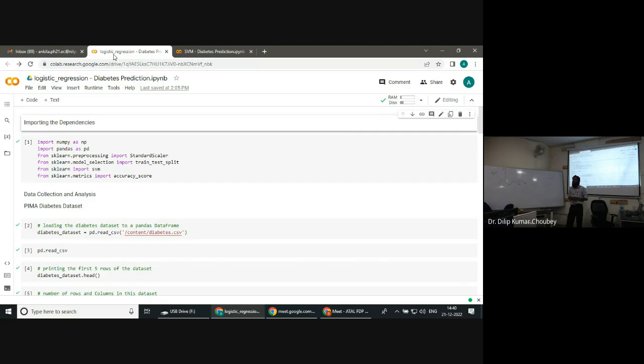And in logistic regression, we do not fit a linear curve, we actually fit a sigmoidal function. Okay, and a sigmoidal function looks something like this. It's the general formula for a sigmoidal function. It looks something like this, and the curve looks something like this.